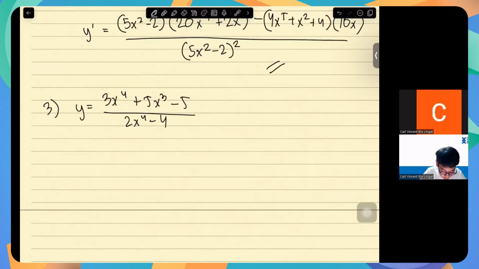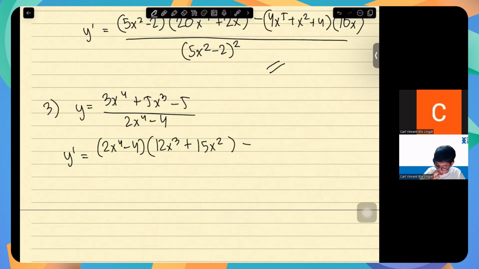So y prime equals low times the derivative of high, so 12x cubed plus 15x squared, minus high, that is 3x raised to 4 plus 5x cubed minus 5, times the derivative of low.